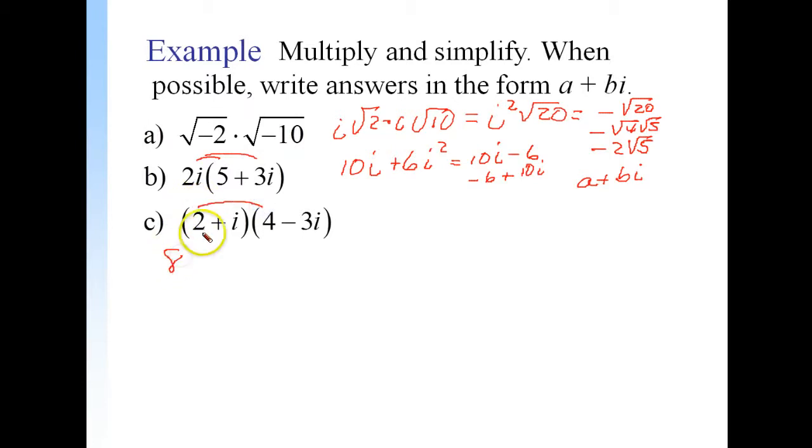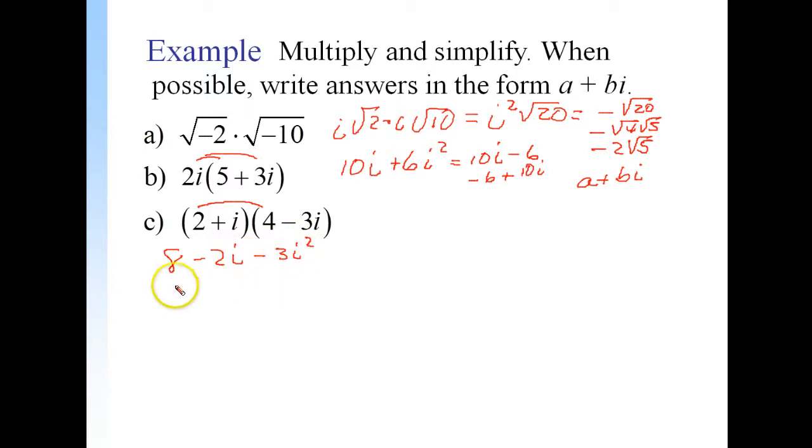8. My outers are a -6i, positive 4i, -2i. For my middle term, there's positive 4, -6, and then my last will be a -3i squared. But what did we say i squared was?